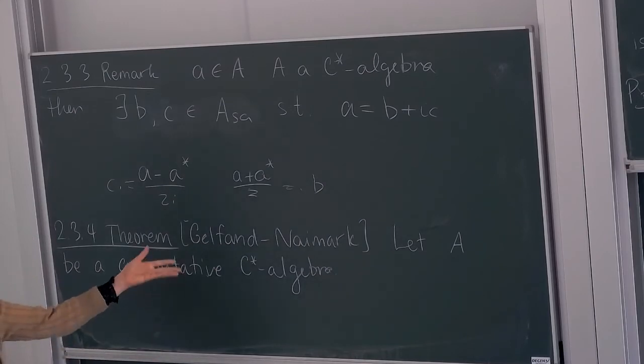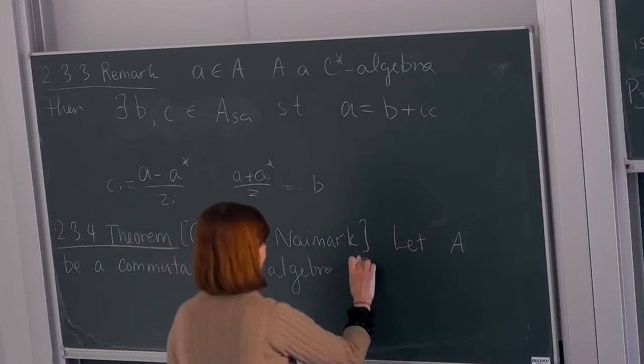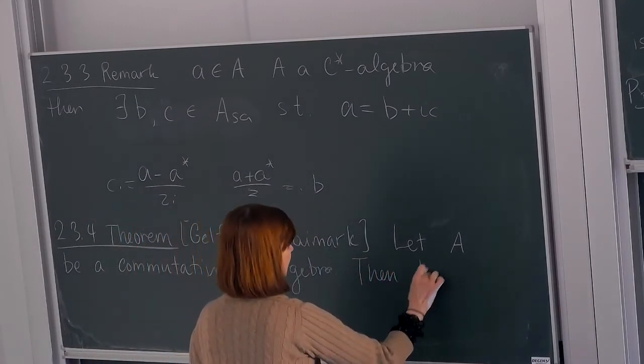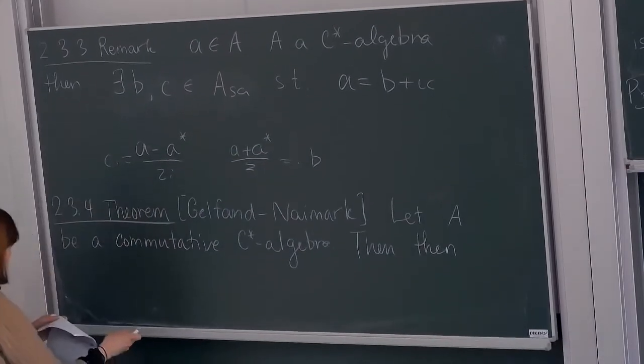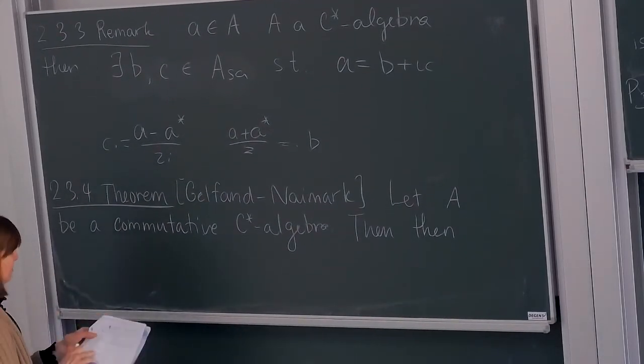Recall that in particular, it's a Banach algebra, so we can consider the Gelfand transform. And in this case, it will actually be a star isomorphism.